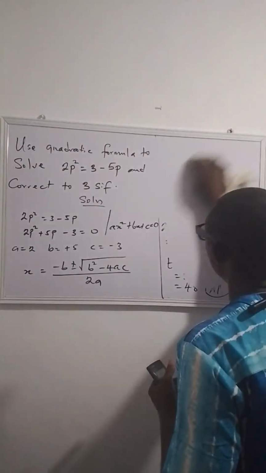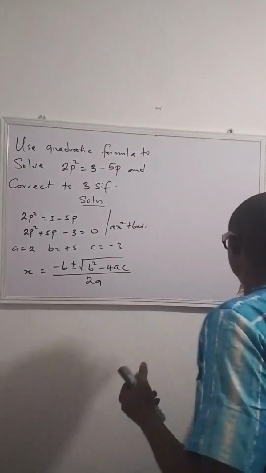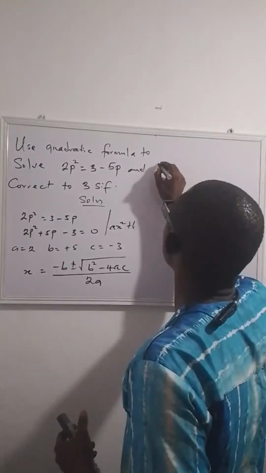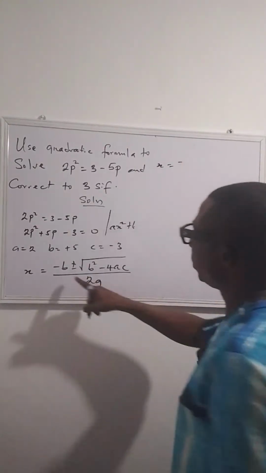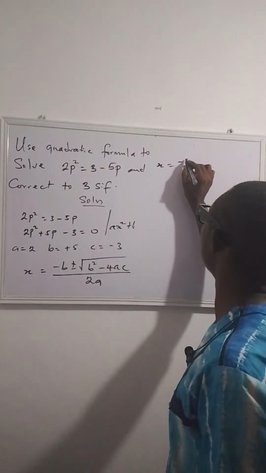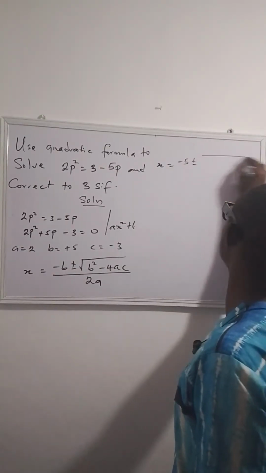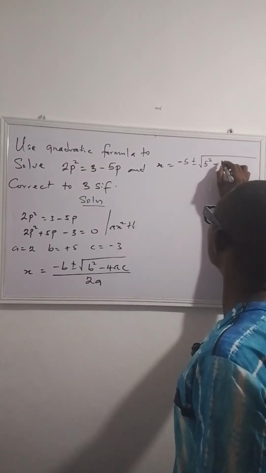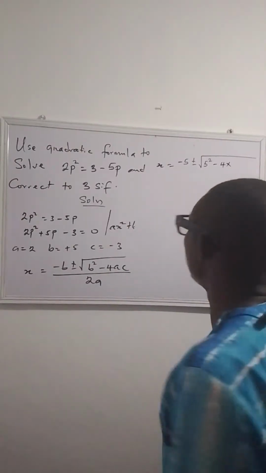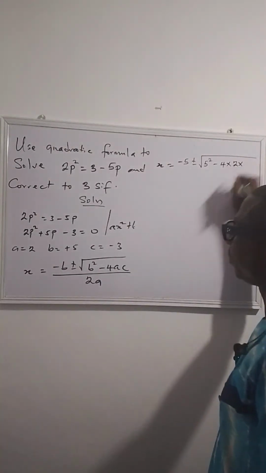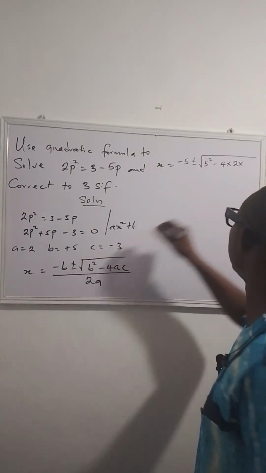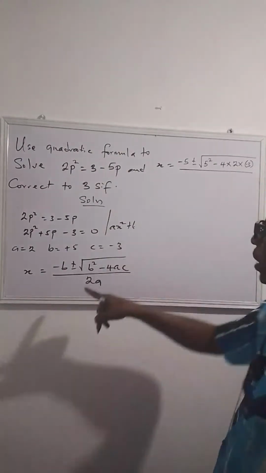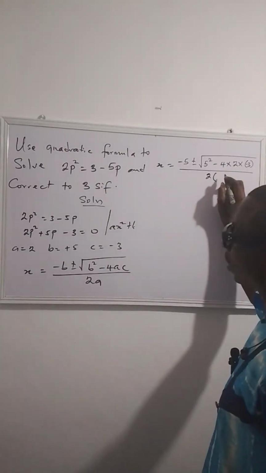So x equals minus b; b is 5, so we have minus 5 plus or minus the square root of 5 squared minus 4 times a, which is 2, and c, which is minus 3, everything all over 2a.